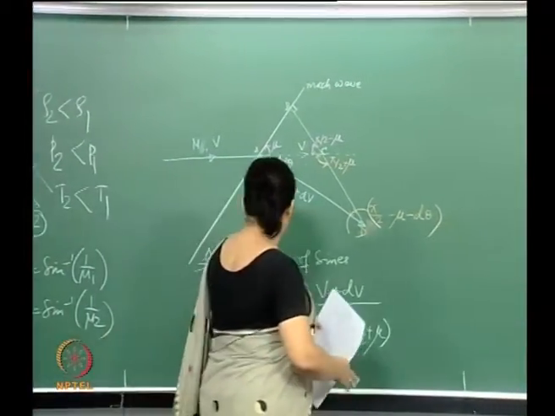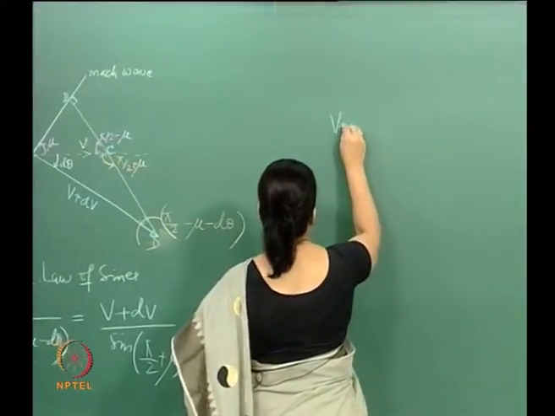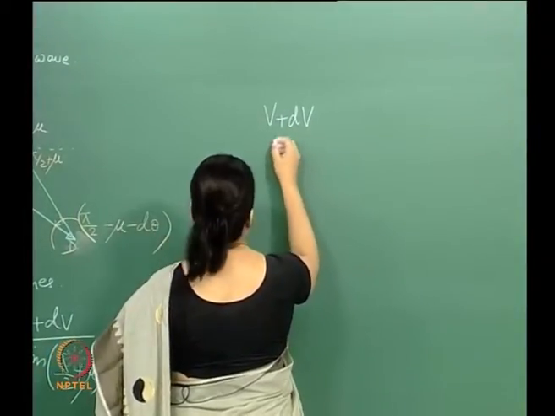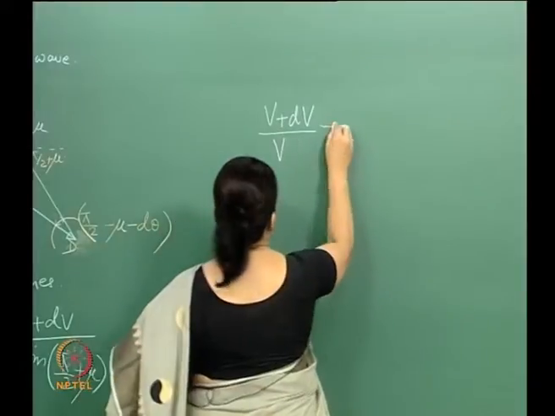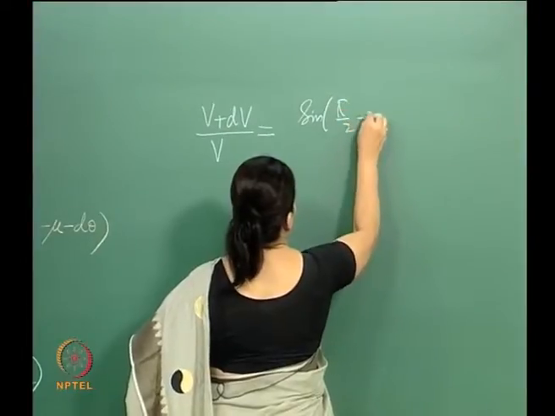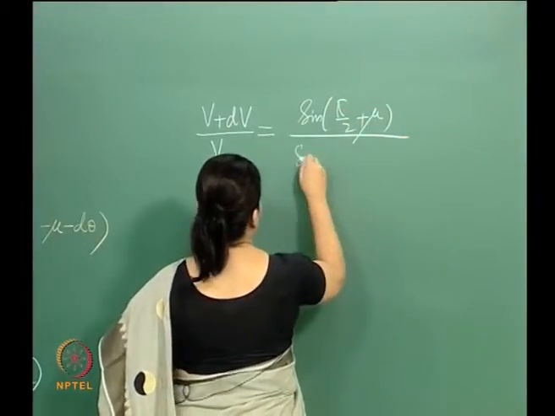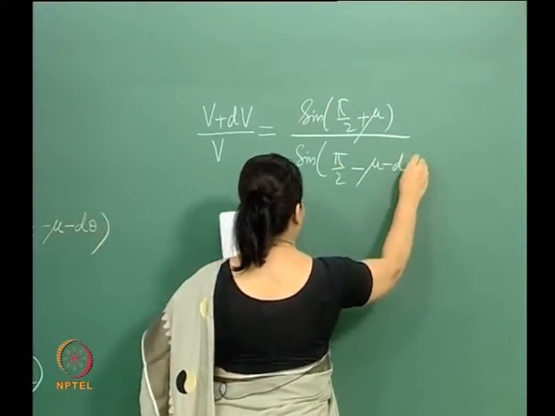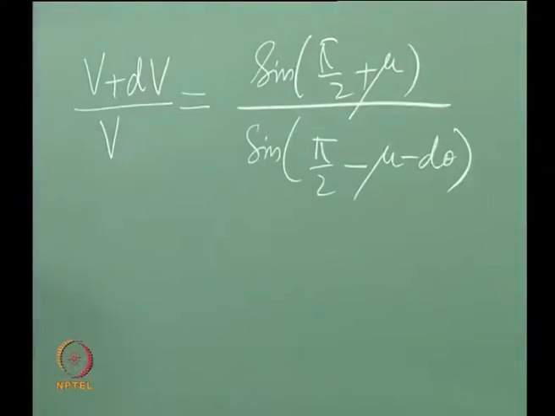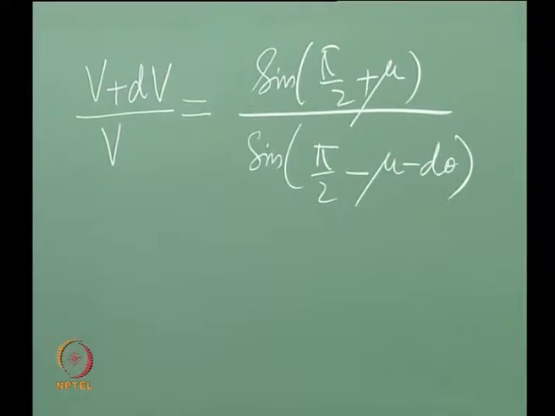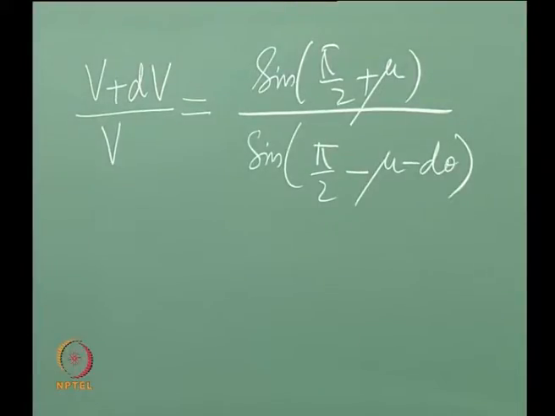So, therefore, we can write that (v plus dv) by v is sine (pi by 2 plus mu) by sine (pi by 2 minus mu minus d theta). Okay.